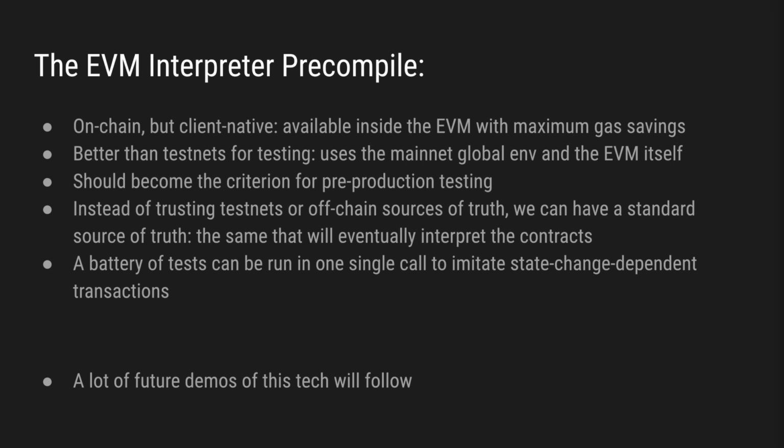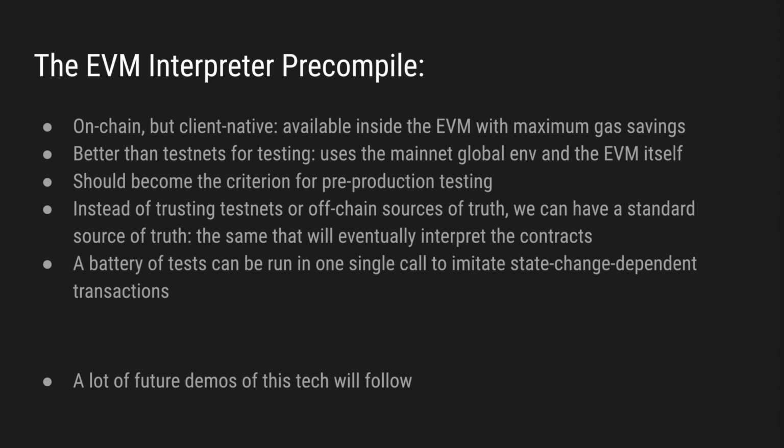So you just saw an EVM interpreter precompile implemented in a fork of Evmos. On-chain but client native, available inside the EVM with maximum gas savings. And this system is better than testnets for testing because it can use the full mainnet global environment and the EVM itself.